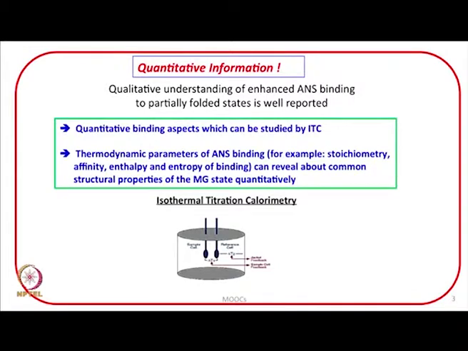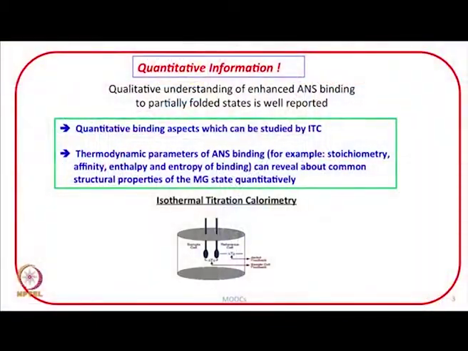That is, the question is, the molten globule states obtained from different proteins, do these states show similar binding characteristics? Because that can then give information whether they share common structural features or not.